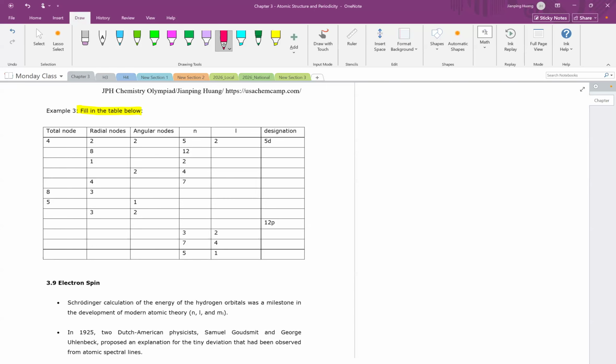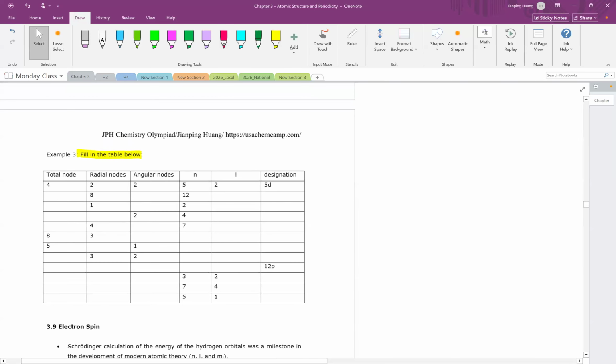Again, look at this table. It is all about the quantum numbers: the principal quantum number n and the angular momentum quantum number L. Radial nodes equal n minus L minus 1.